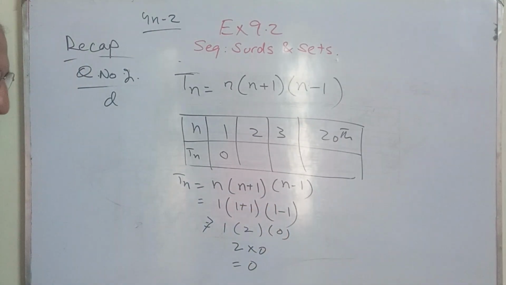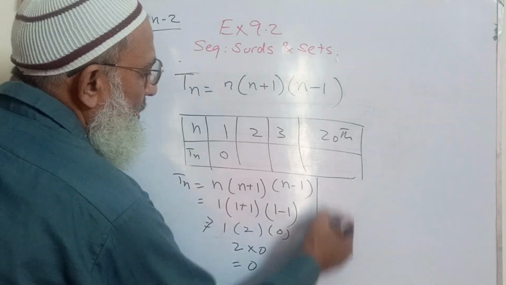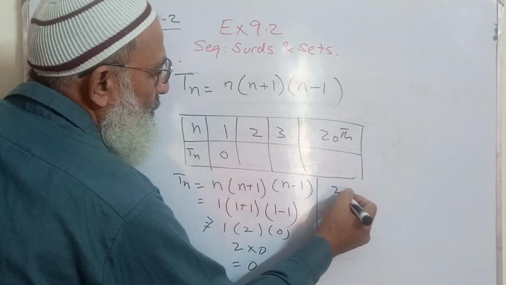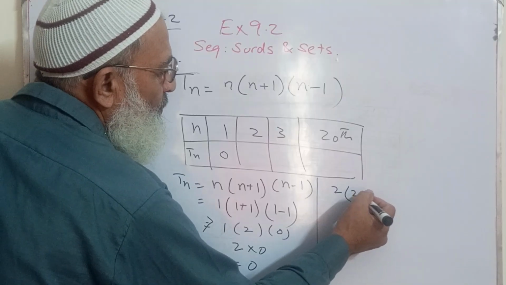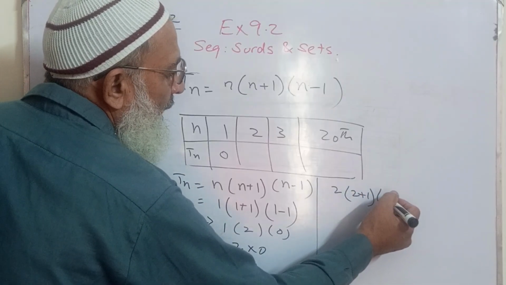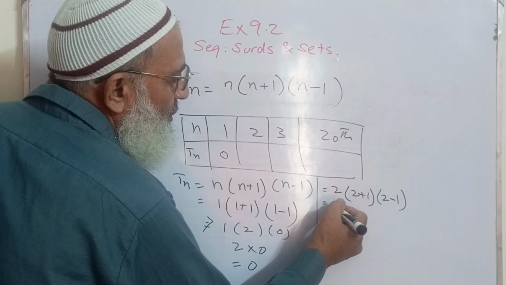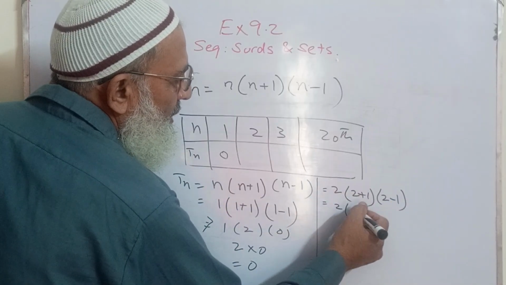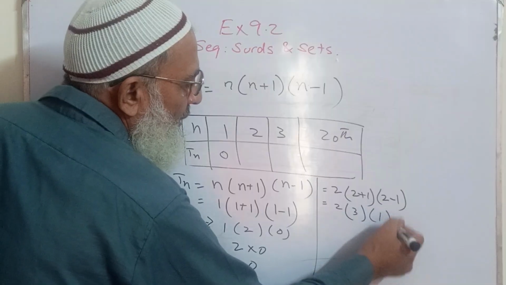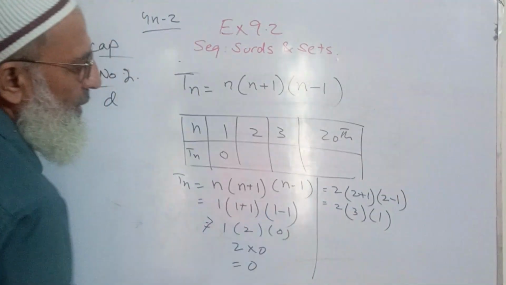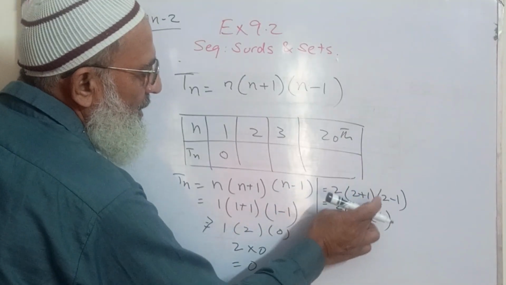And going further, we'll just do it for 2. 2, 2 plus 1 and 2 minus 1. That is equal to 2 multiplied by 3 multiplied by 1. 2 minus 1 is 1, 2 plus 1 is 3.